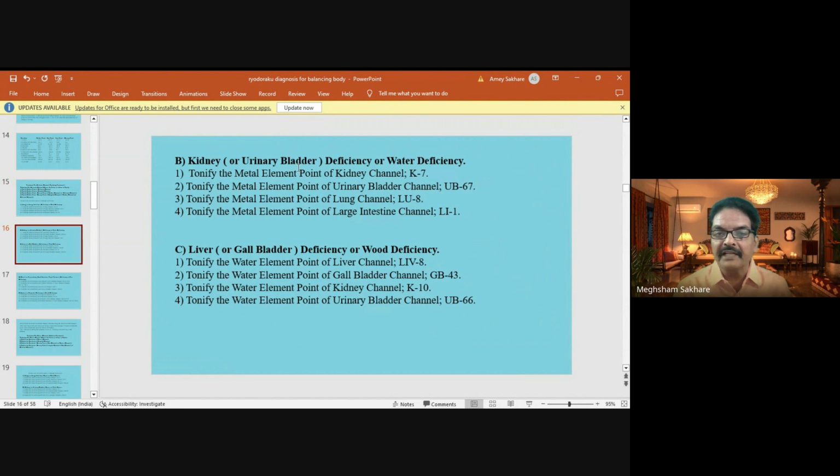Same for kidney or urinary bladder, that is water deficiency. K7 is the tonifying point, UB67 is the tonifying point, and the tonifying points of the mother element, that is Lung 8 and LI1. Liver and gallbladder deficiency, that is wood deficiency.